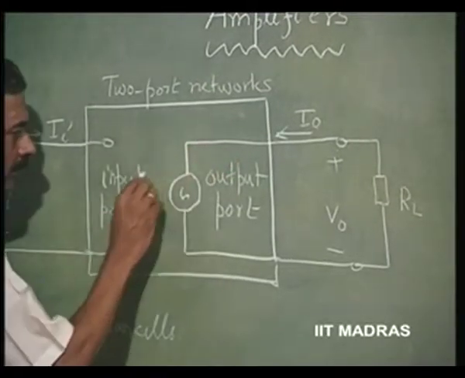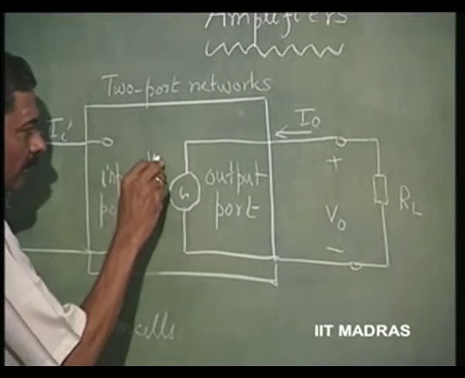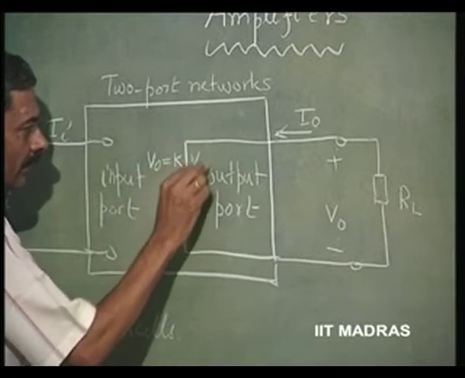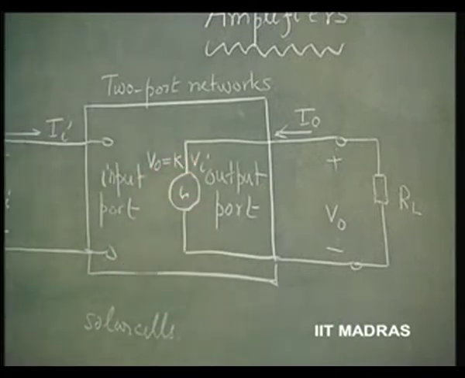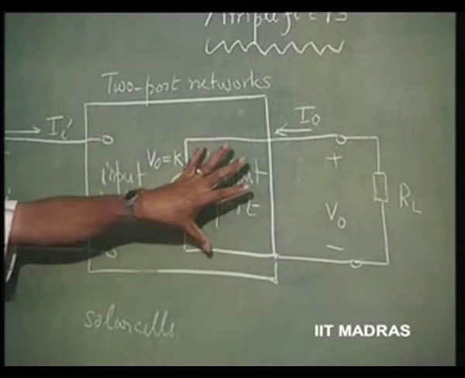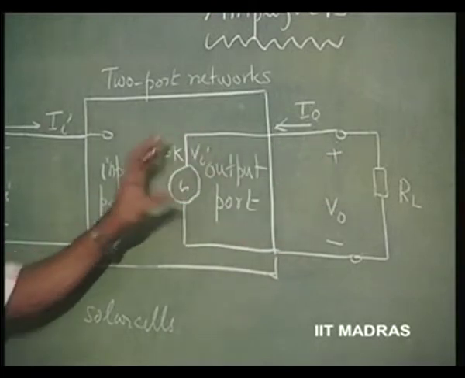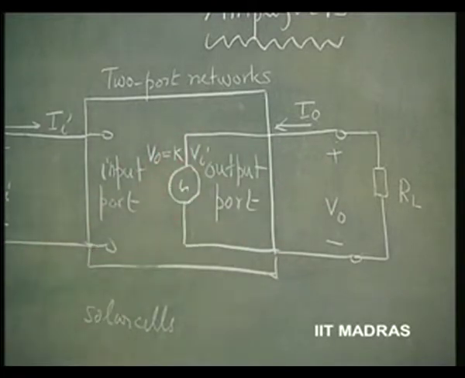So, V naught is going to be K times V I, because its source impedance is 0, right. This V naught is going to be same as this source voltage. So, V naught is equal to K times V I. Now, this is therefore called a voltage source.